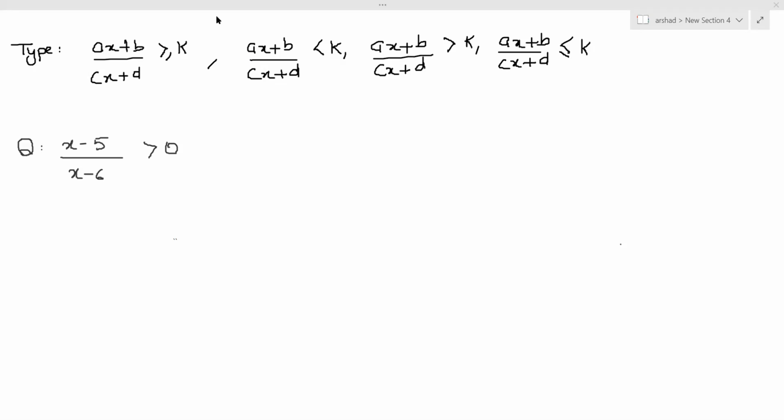In this case, we will have two critical points. We will separately equate the numerator and denominator to 0. We will get two critical points and then find the complete solution.